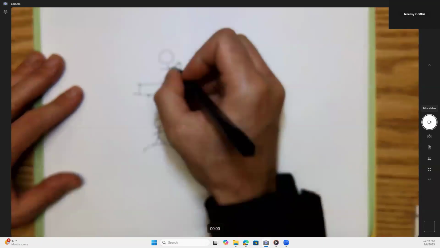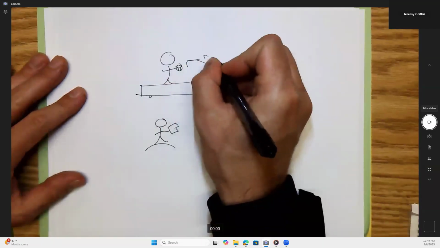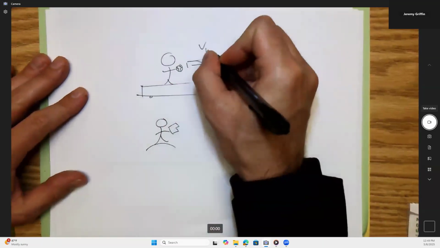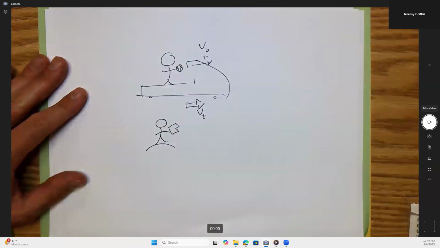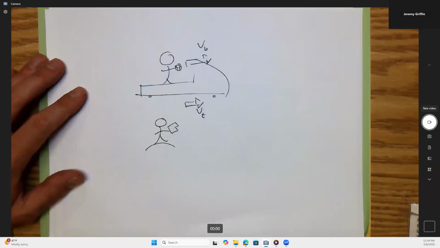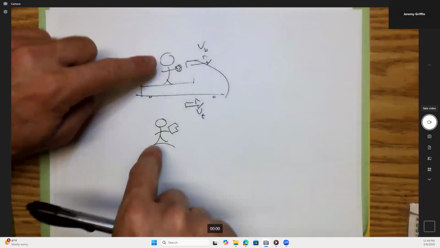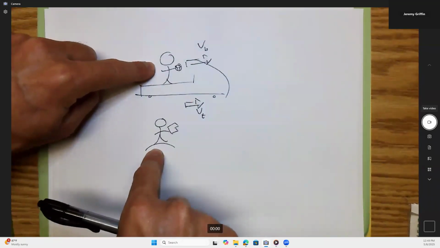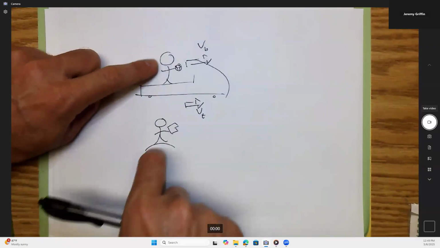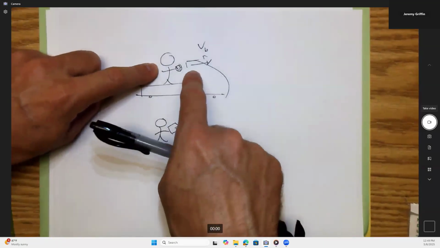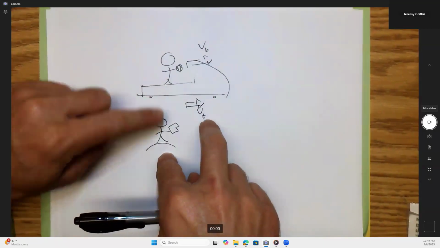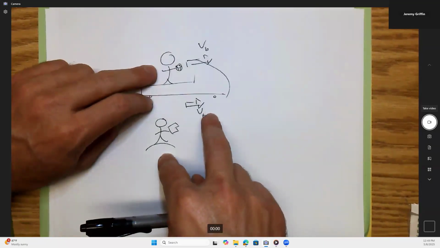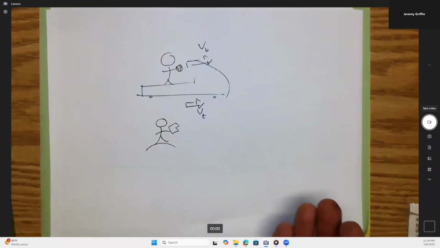If this guy throws the baseball with some speed, B for baseball, but the truck is also in motion, BT for B truck, and you say, how fast is the baseball going? Well, it depends on which guy you ask. If you ask the guy in the truck, the speed of the baseball is just however fast he threw it. If you ask the guy on the grassy knoll, then you also have to add the velocity of the truck. So they give different answers.